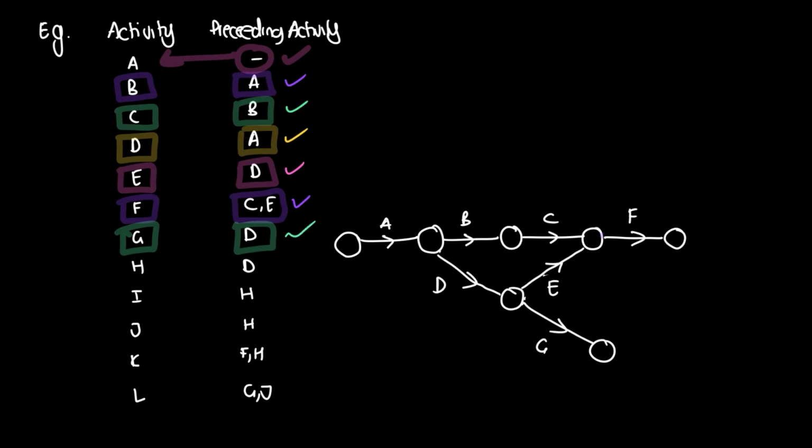Now we're going to look at our H. So our activity H also requires D. So we need to consider that, and we have another one coming off it. And again, you want all your arrows pointing in the same direction, so you don't want to do that because that's not going to look correct.